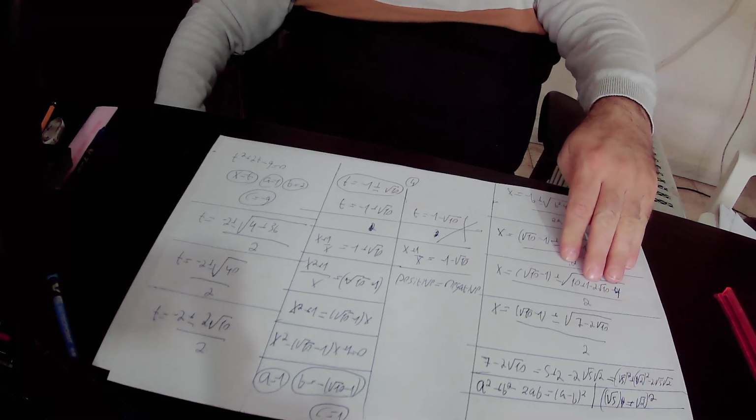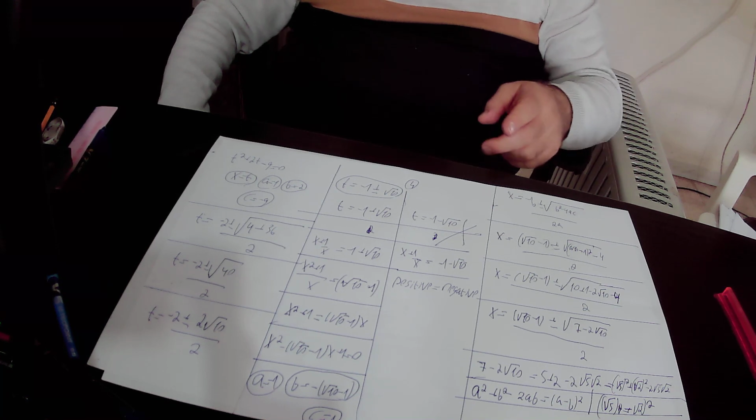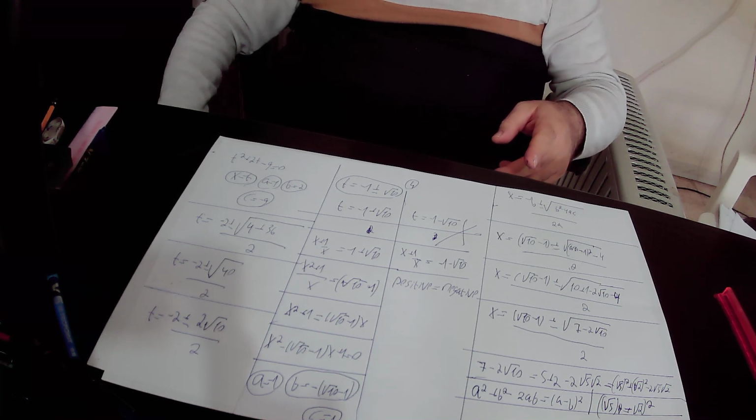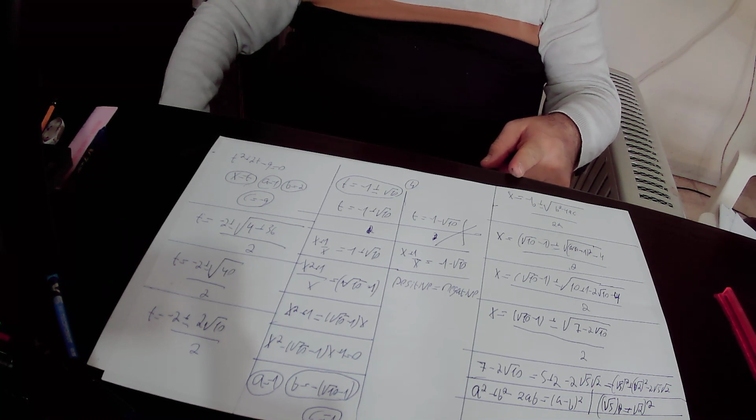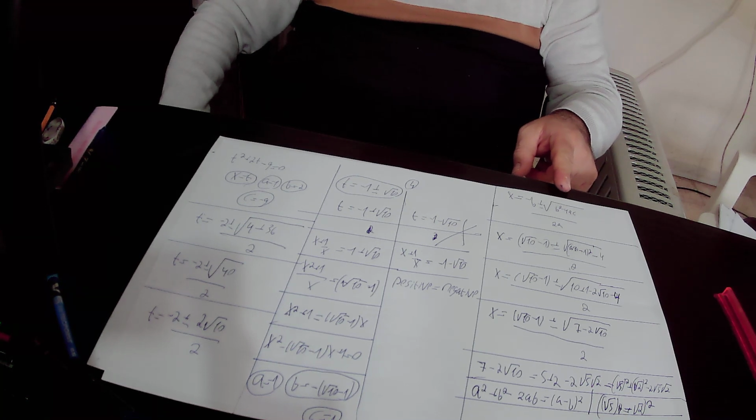And the solution of this quadratic equation is according to the general formula for the solution of a quadratic equation. We will get that the general solution is x equals minus b plus minus square root of b squared minus 4ac, over 2a.